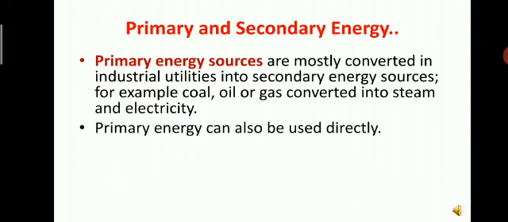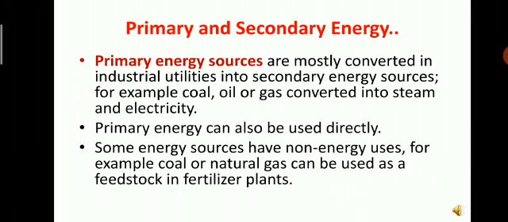Primary energy can also be used directly. Some energy sources have non-energy use. For example, coal or natural gas can be used as a feedstock in fertilizer plants. So this is a non-energy use of coal and natural gas.